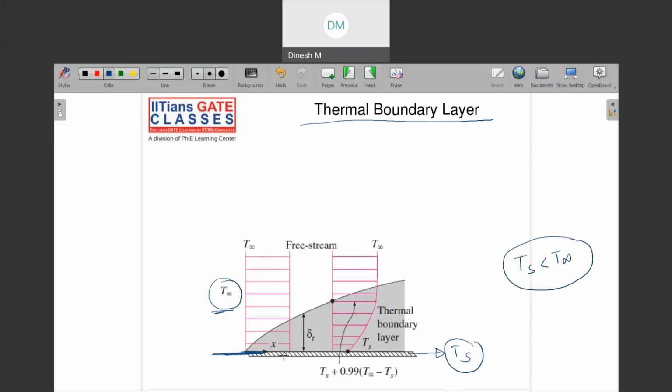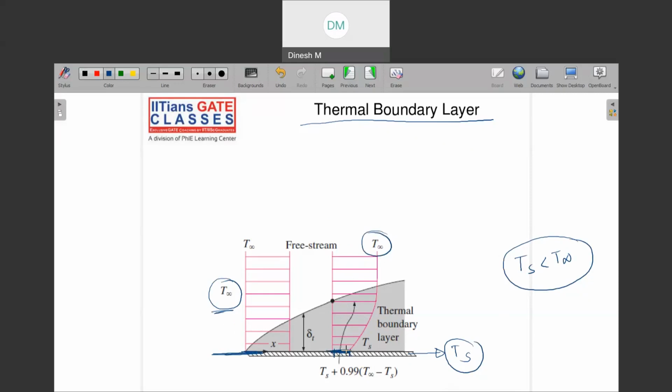Then what happens? Again here the two temperatures cannot exist, right? So what will happen is that this free stream will assume the temperature of whom? This surface temperature, the layer which is in contact. The layer which is in contact will assume the temperature of the surface, and just now we have seen that after some region this effect will not be felt. That means you have T infinity at some region.